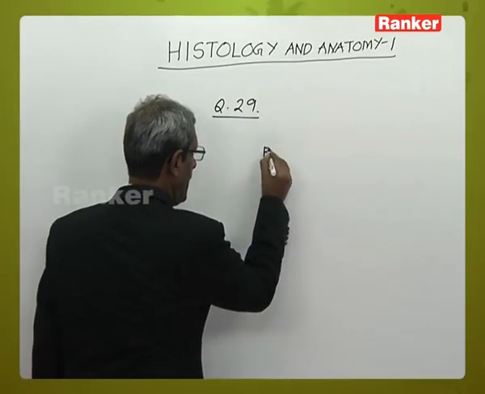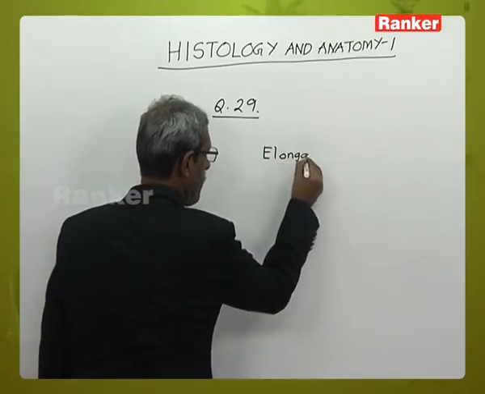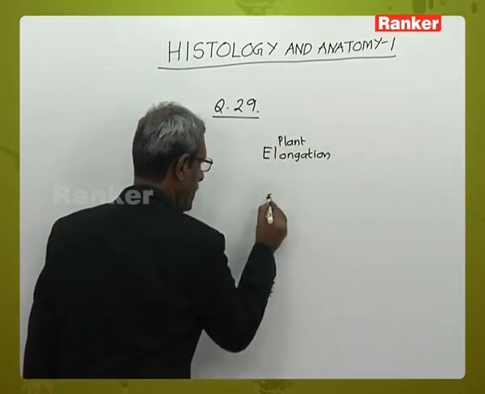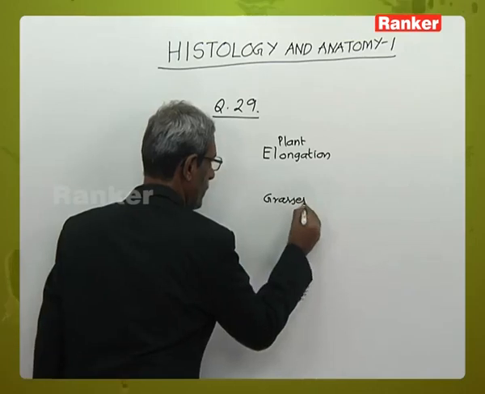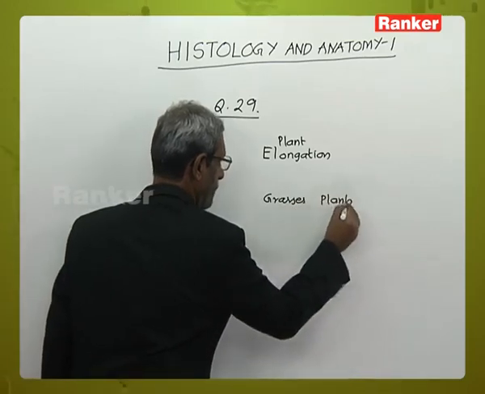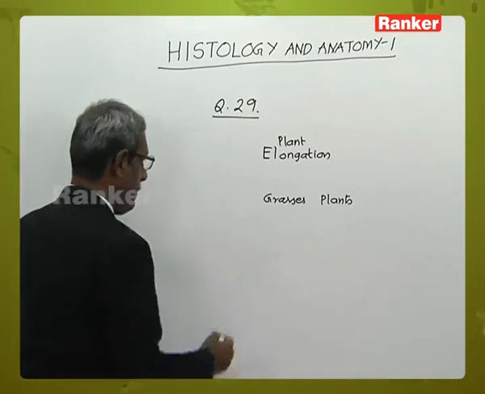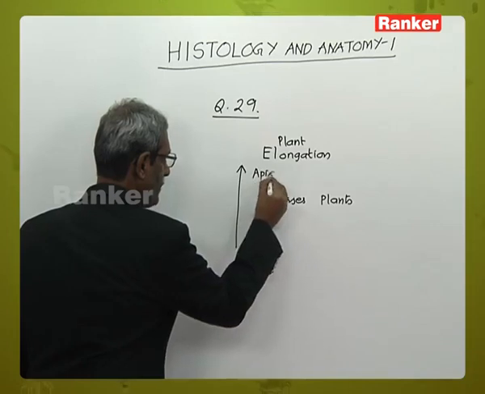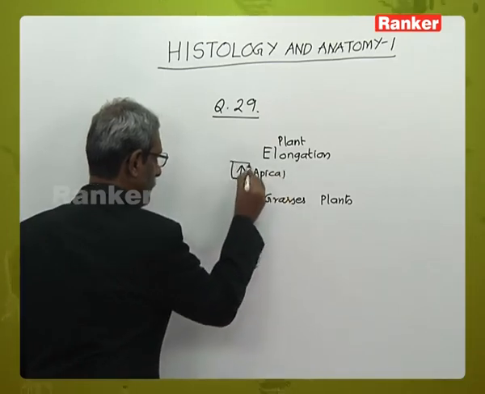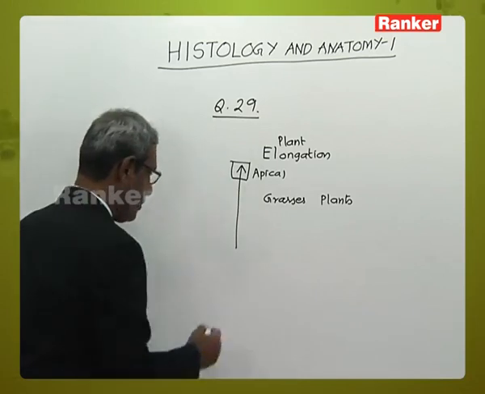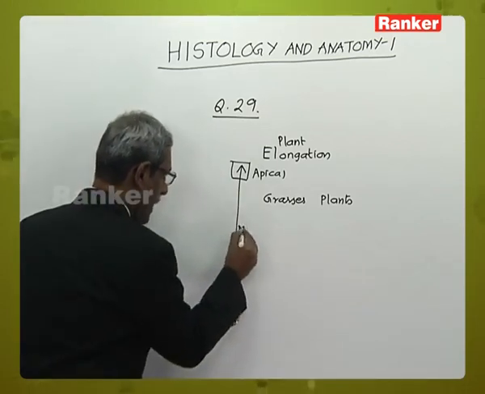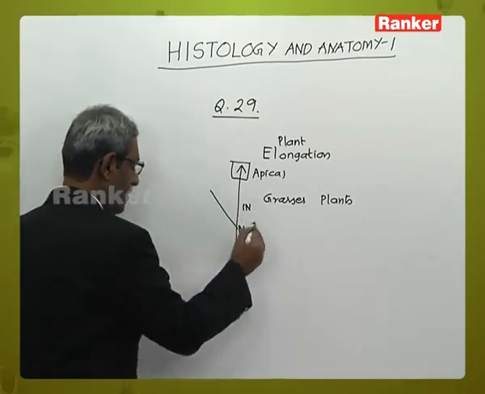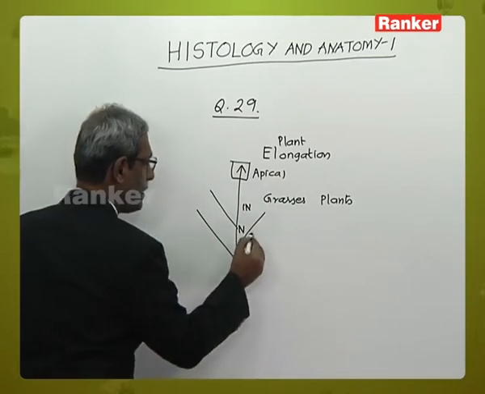When we look at elongation related to grasses or plants, initially a plant grows due to the presence of an apical meristem. As it grows, it forms nodes and internodes, and again from the nodes there is the formation of lateral branches.